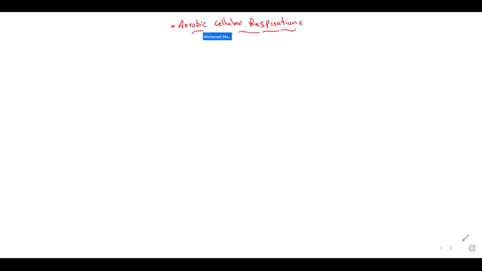What is aerobic cellular respiration? It is a process of breaking down glucose to make ATP. Energy. Yes, the energy in the form of ATP.